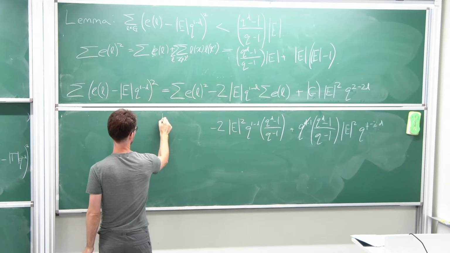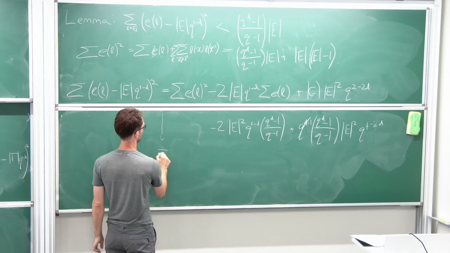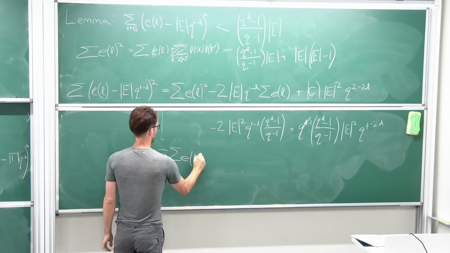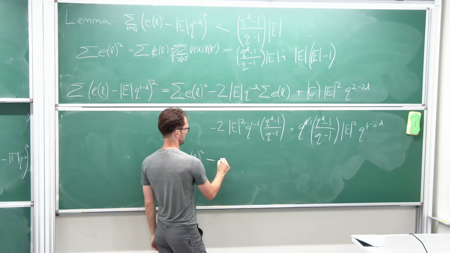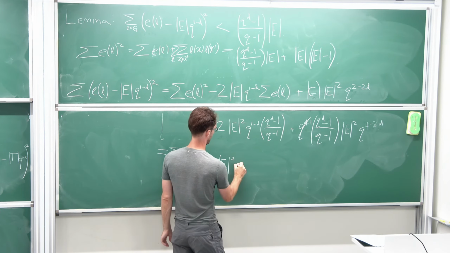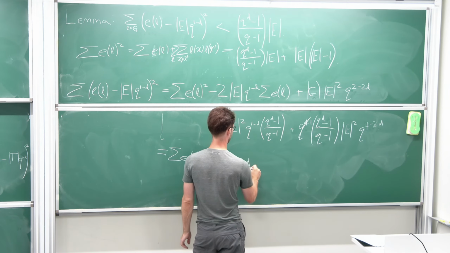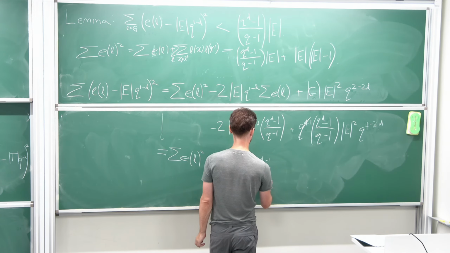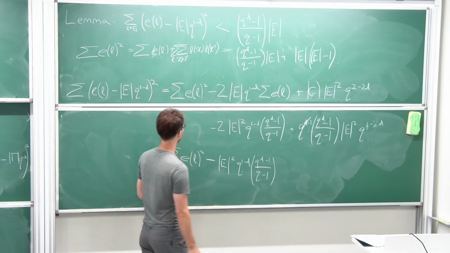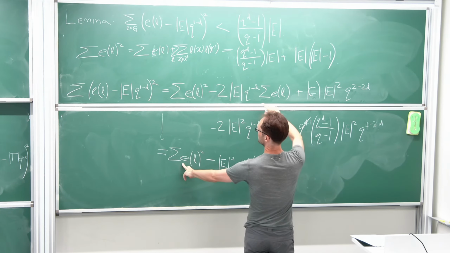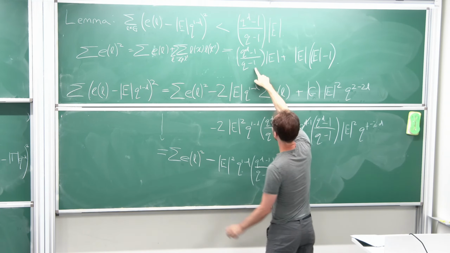So if we continue from above, this is equal to the sum of E of L squared minus E squared times q to the 1 minus d times q to the d minus 1 over q minus 1. Well, for E of L squared, we've got the expression up here.